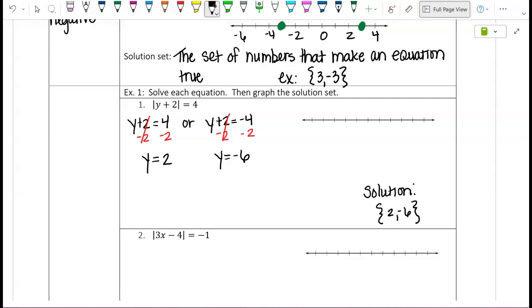And then it's asking us to graph our solution set. So at positive 2 and negative 6. That's what the graph would look like.